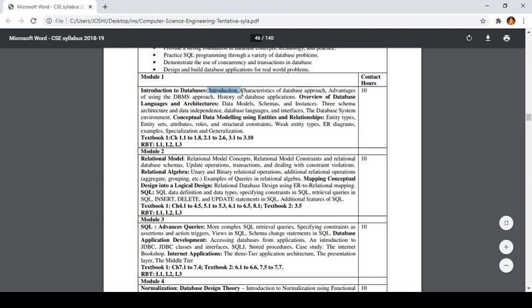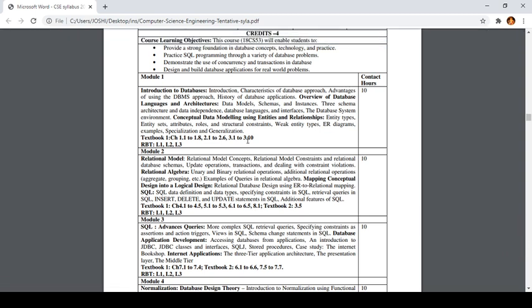It includes introduction, characteristics of database approach, advantage of using database approach, history of database applications, overview of database language, architecture, data models, schemas, instances, 3 schema architecture, and data independence, database languages and interfaces, the database system environment, conceptual data modeling using the entities and relationship, entity types, entity sets, and attributes, roles and structural constraints, weak entity types, ER diagram examples, and specialization and generalization. This is the first model.